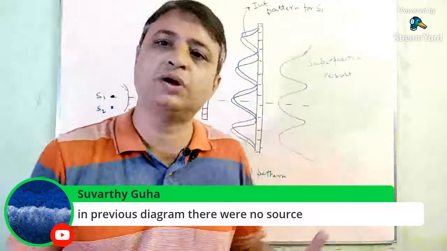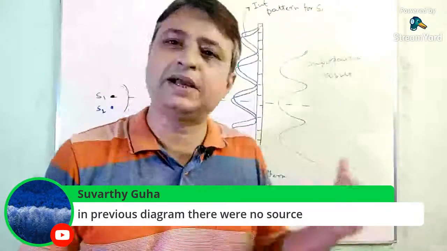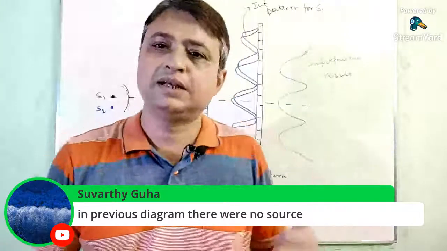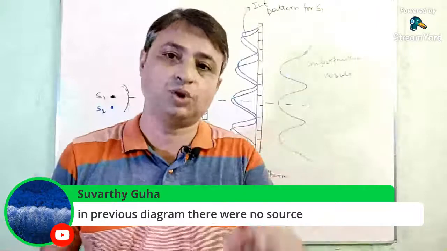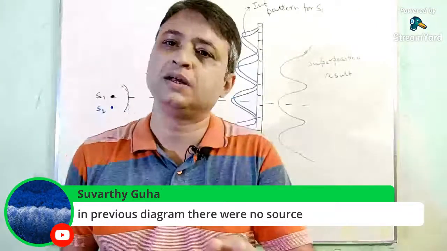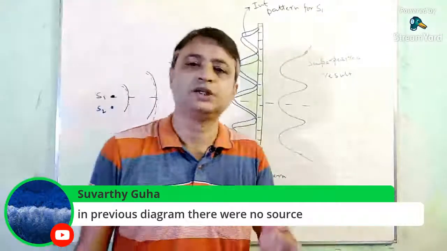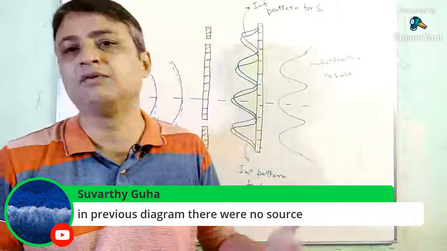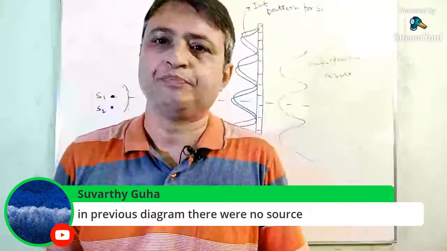But in temporal coherence, only a point source is used. In the first figure, while discussing the effect of temporal coherence, I have shown S, only a point object from which two different waves of wavelengths W1 and W2 are produced.